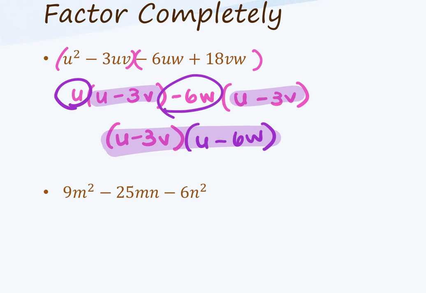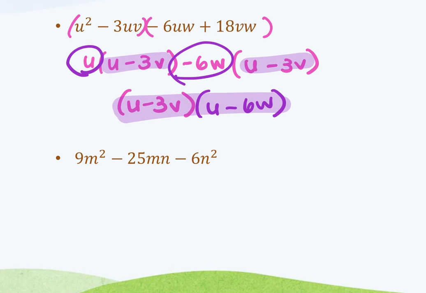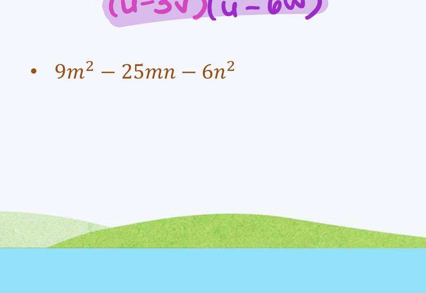The one on the bottom, I can't take anything out of all 3, okay? The first one's a perfect square, but the last one is not. So I have to do either first times last or trial and error.